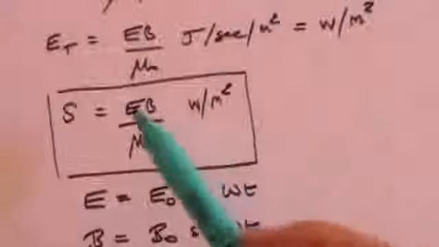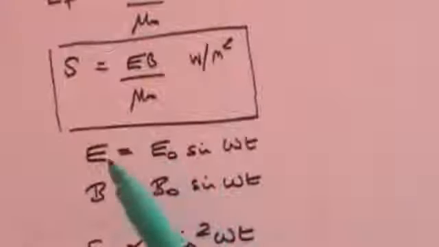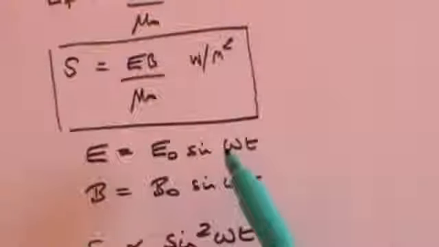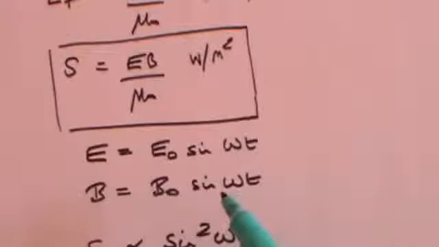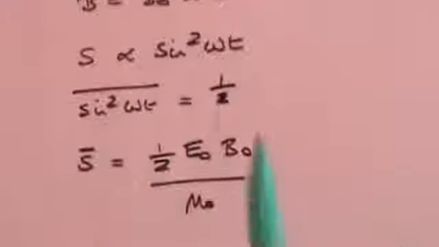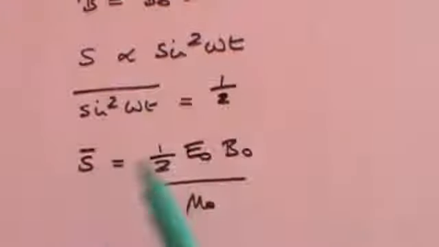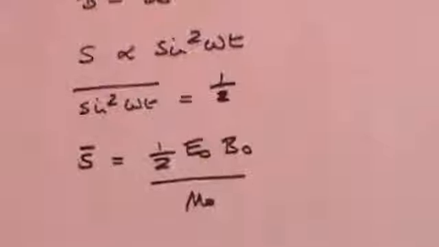We got that from this term here, E times B. E times B means you get E naught times sine times B naught times sine. The average value of the sine squared will be 1/2, so you get 1/2 E naught times B naught instead of EB as the average value of the Poynting vector.